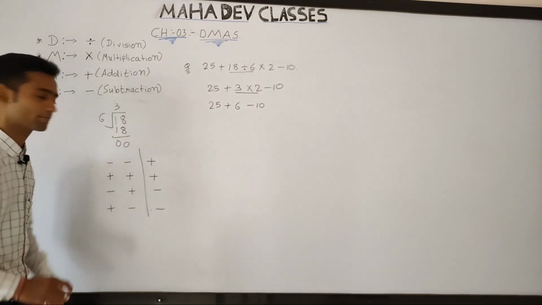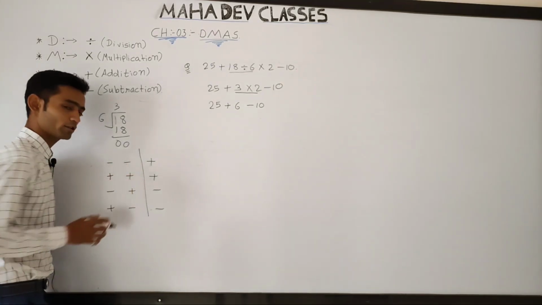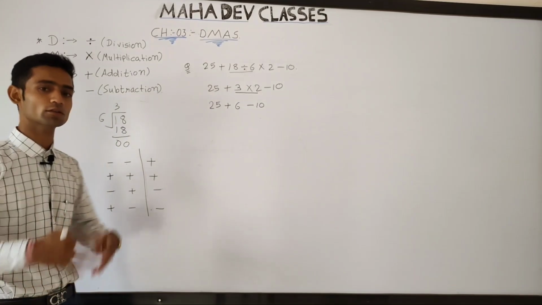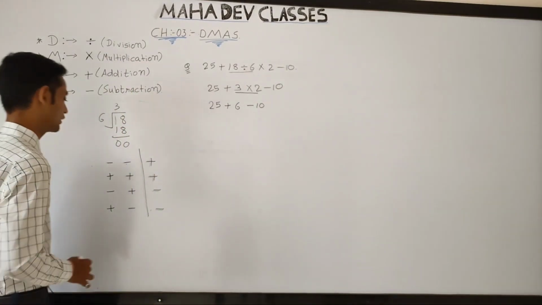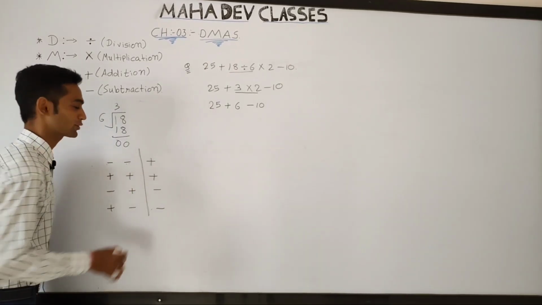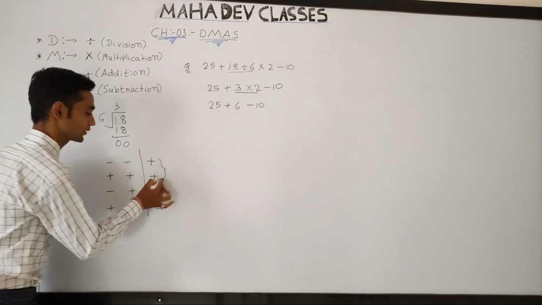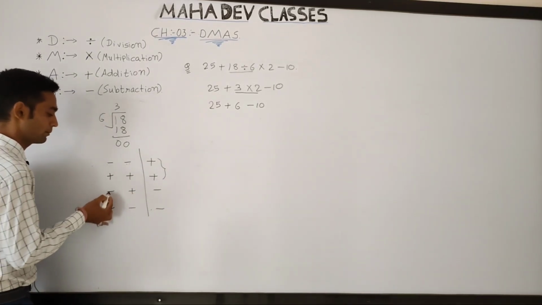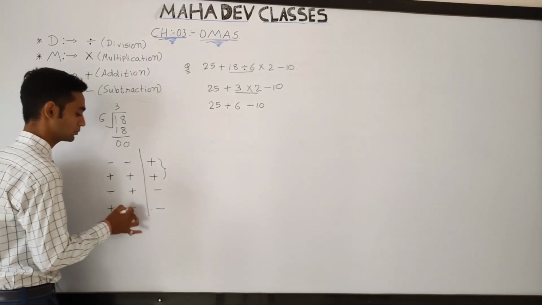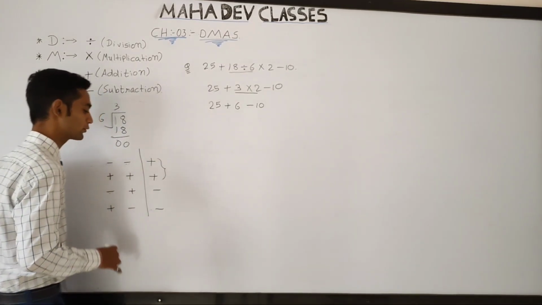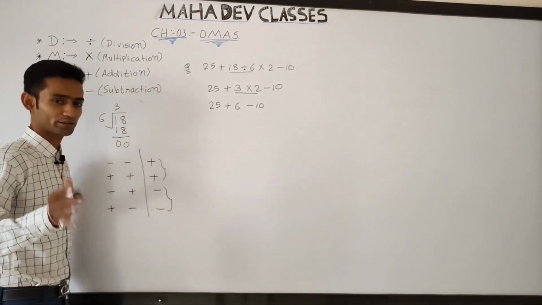See, minus minus, both are equal symbols. Similarly plus plus is also equal symbols. Whenever there are equal symbols, you have to do the process of addition. And whenever you find different symbols, like minus plus or plus minus, then you have to do the process of subtraction.